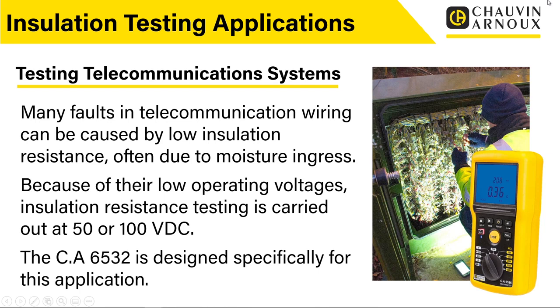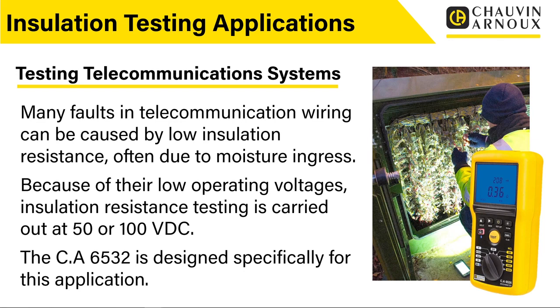We actually have a product specifically designed to do this. Some of the other products have the 50 volts and 1,000 volts on them, but we've got the CA6532, which is designed specifically for telecommunications applications. It's got a few extra features as well, and I think it'll actually work out approximate cable length and things like that.